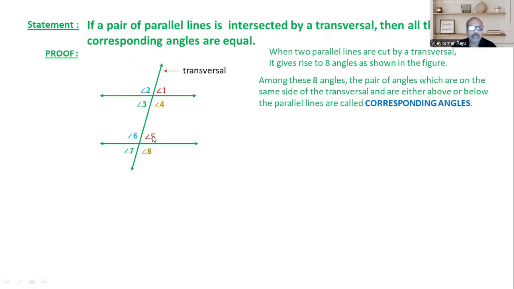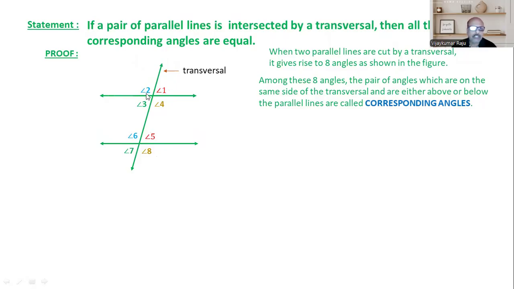So this red angle and this red angle, that's angle 1 and angle 5, angle 4 and angle 8, they are corresponding angles. They both are above the lines. These two are below the lines.